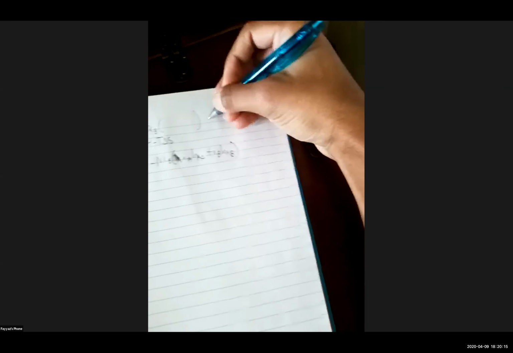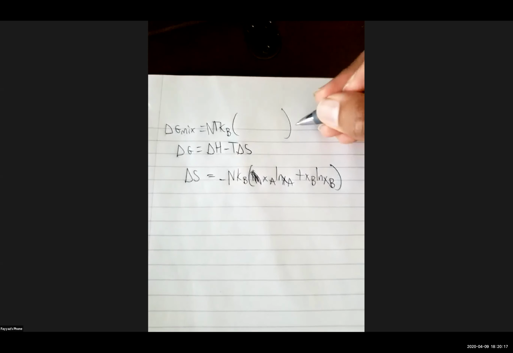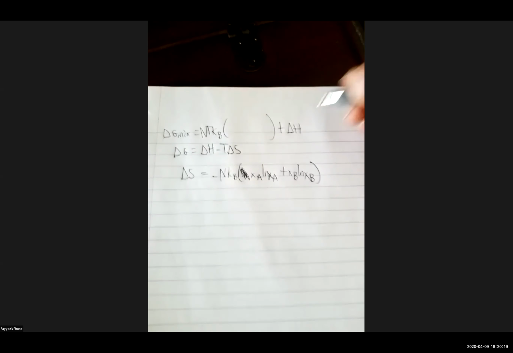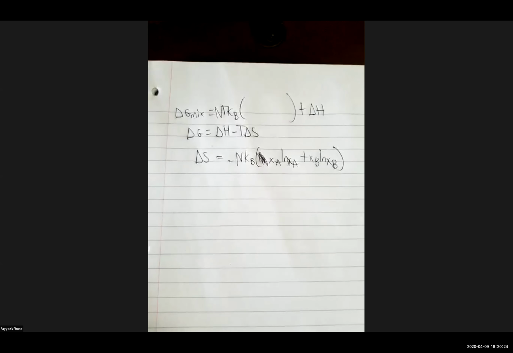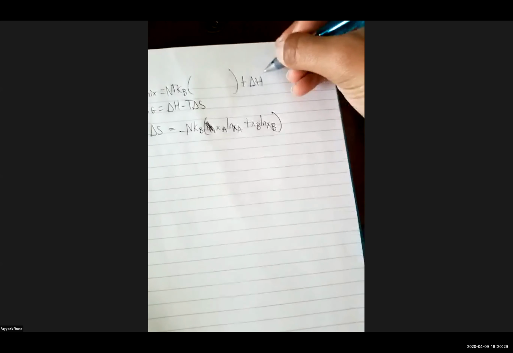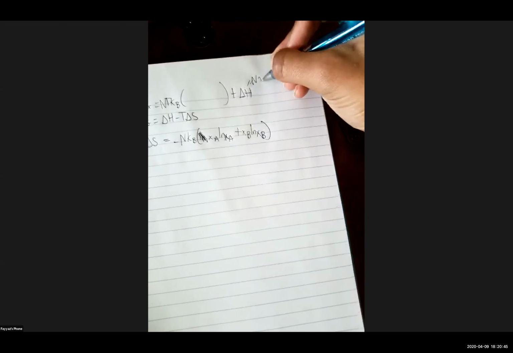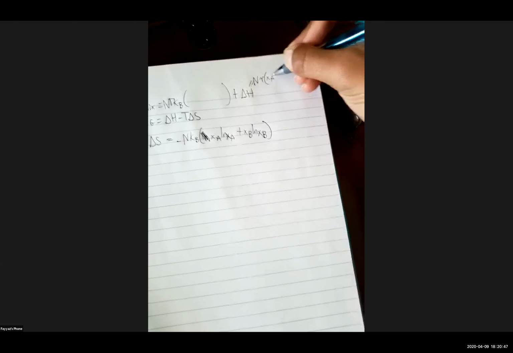Then you just need to account for the delta H term. Since we know that there's an interaction between the A and B particles in this scenario, the delta H is equal to N gamma times XA XB.